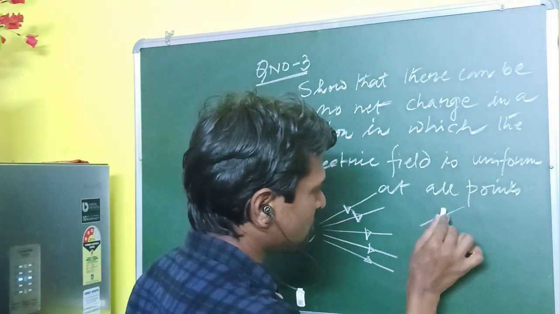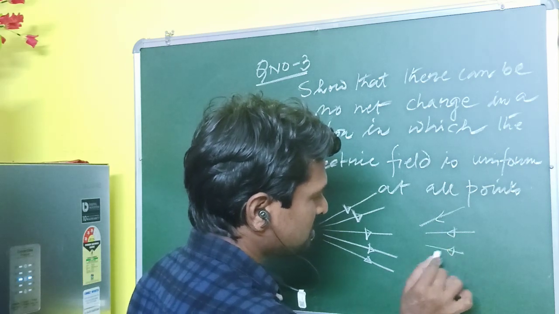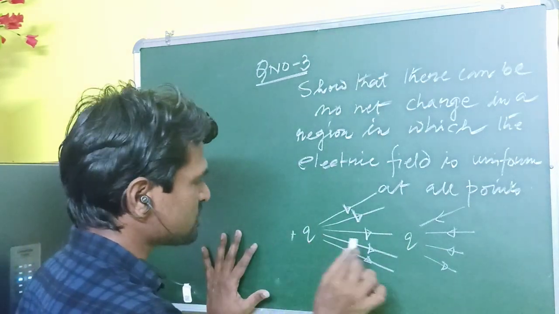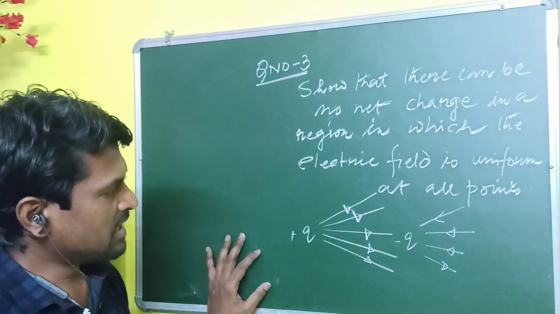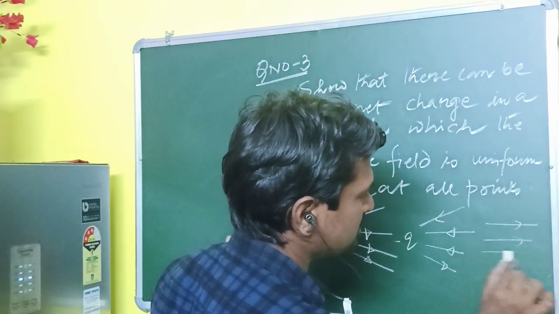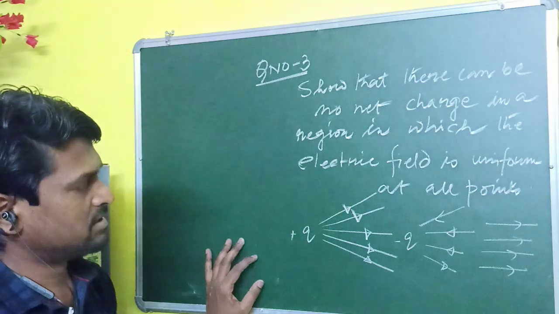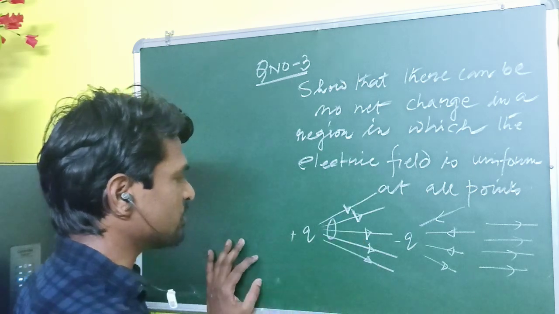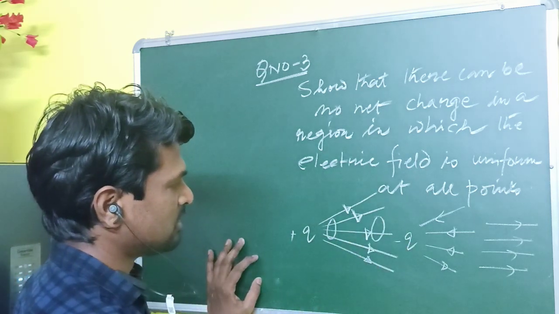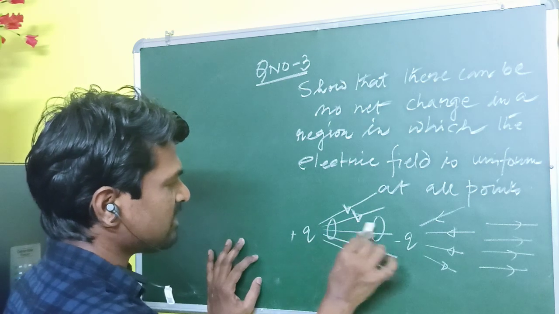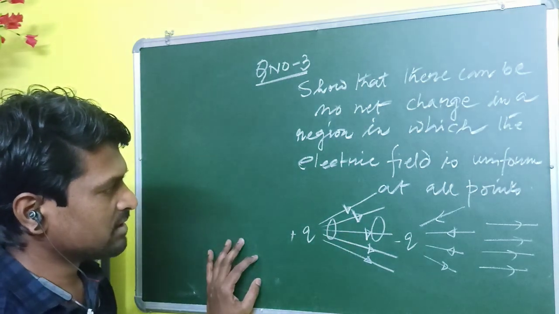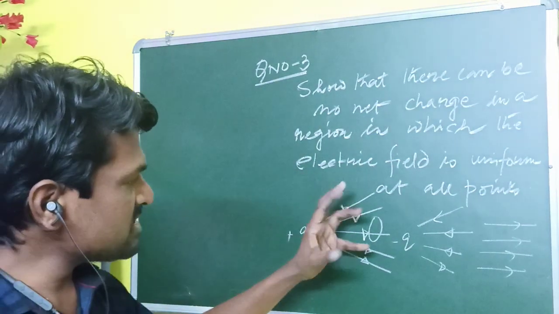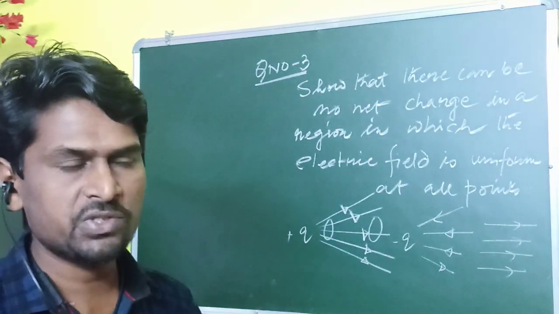If it is converging, the charge is also there, but this one is positive and this one is negative. And if it is uniform, the field lines are parallel like that. If we take a small area at a particular position, is it a uniform electric field? No, this is not a uniform electric field, because diverging and converging fields can't produce a uniform electric field.